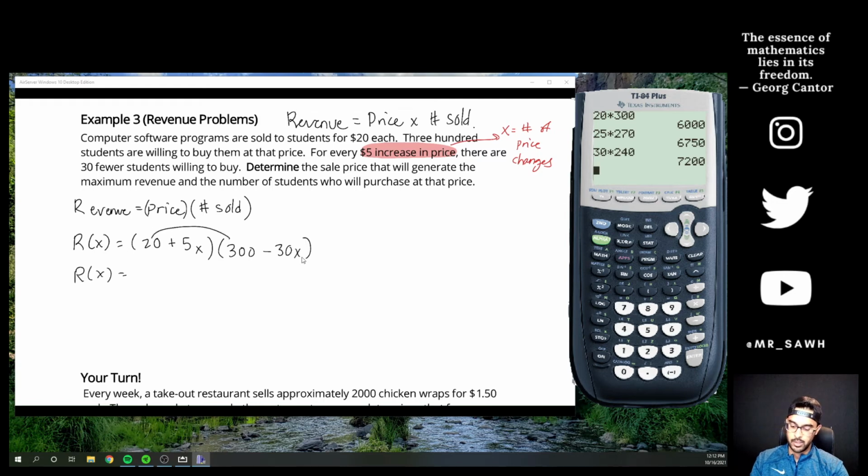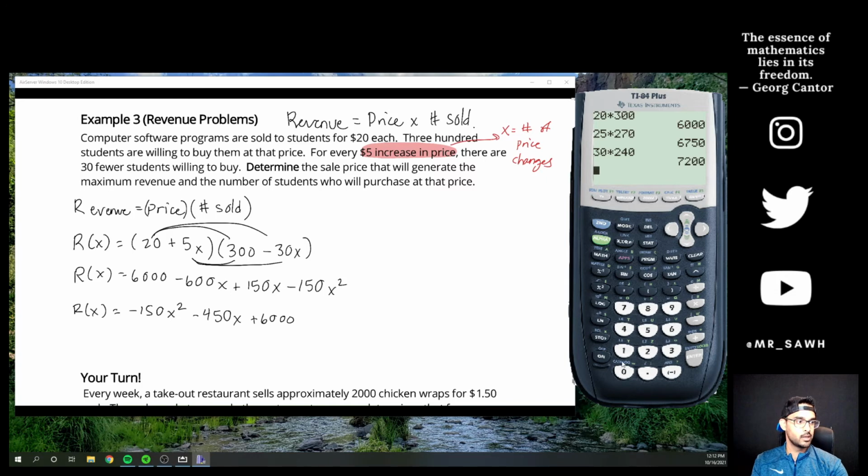So if I start distributing things, 20 times 300, that'll get me my 6,000 like we talked about, minus 600x, plus 150x, and then the last term, minus 150x squared. If I combine some like terms and rearrange them, my revenue function is negative 150x squared, minus 450x plus 6,000. Okay, let me just make sure I got my terms right.